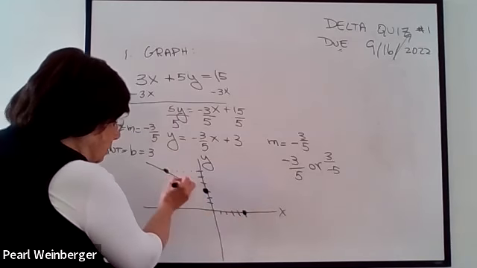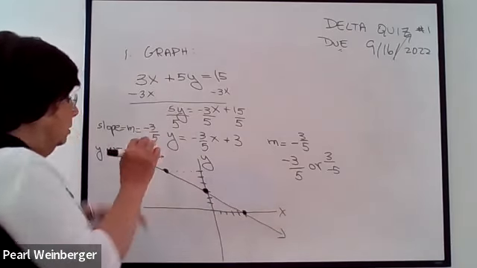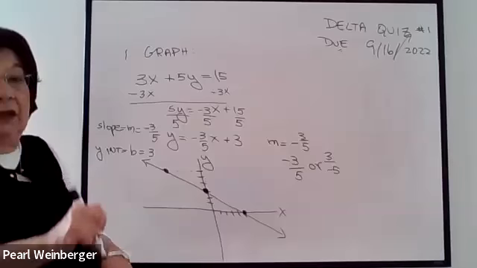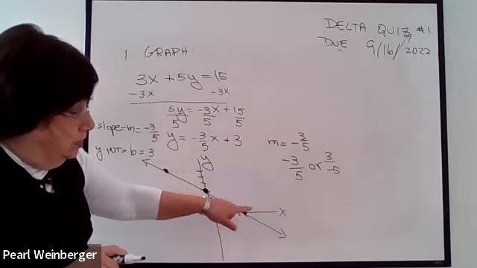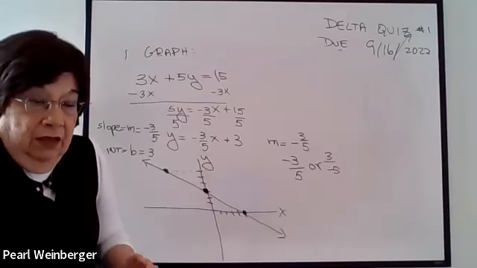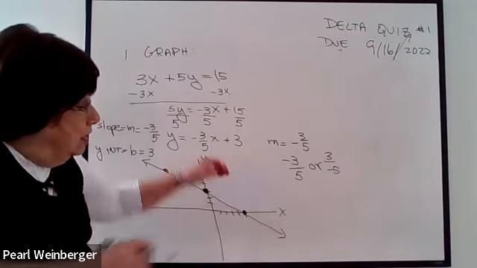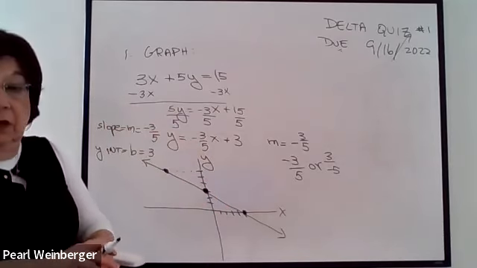If you were doing it on graph paper, it would certainly show. Make sure you draw your line longer than just from one point to the next, because a line extends infinitely. It's not a line segment, it's a line.